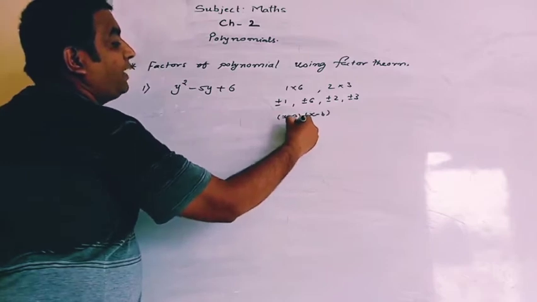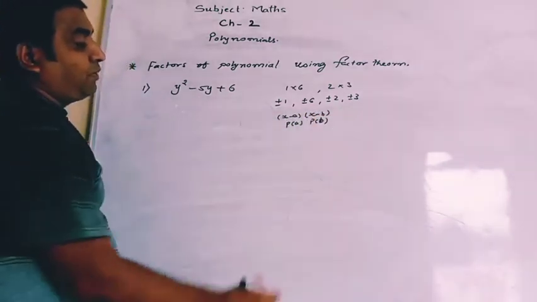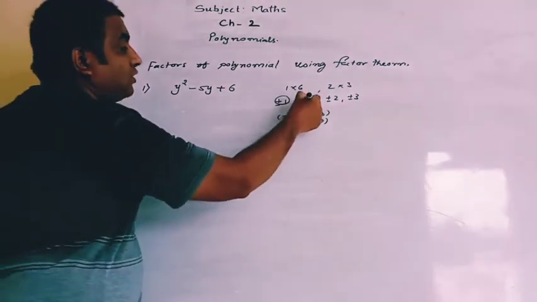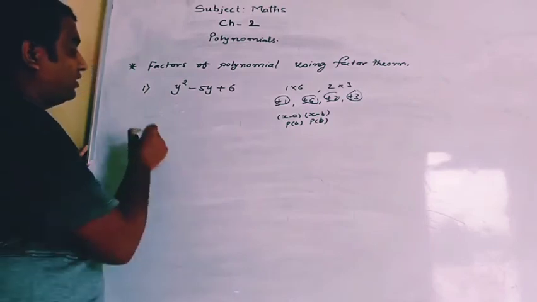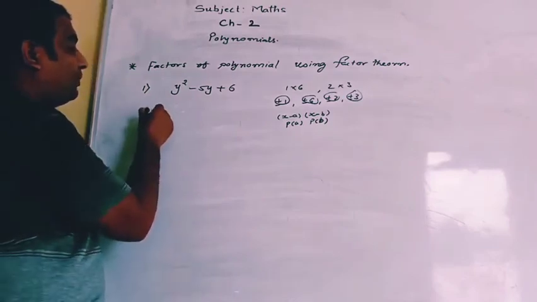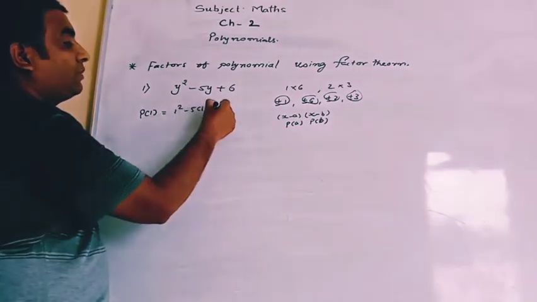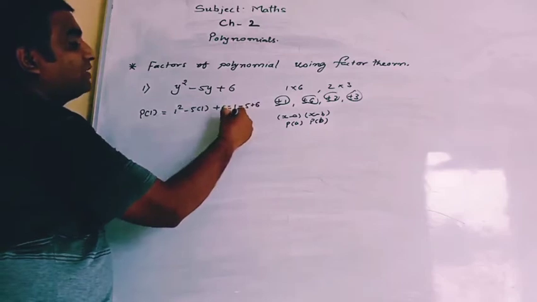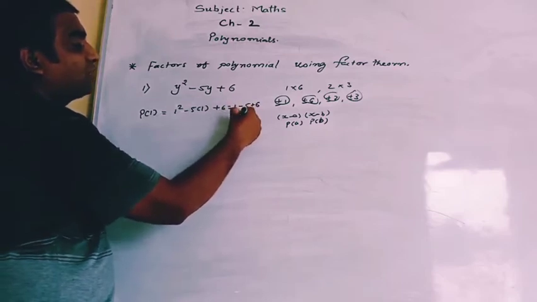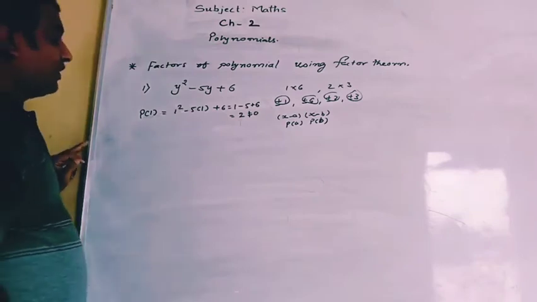So it will be P(a) and P(b), meaning only the positive values will give 0, negative values will not give 0, and so we will check it. P(1) equals 1 square minus 5 into 1 plus 6, so 1 minus 5 plus 6, which is 7 minus 5, not equal to 0, so x minus 1 is not a factor.